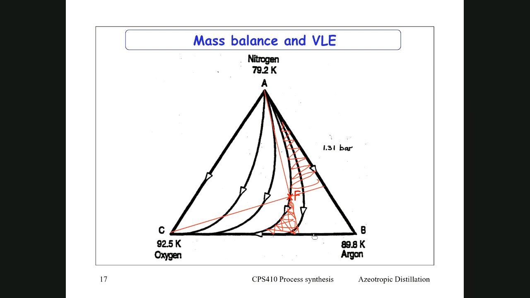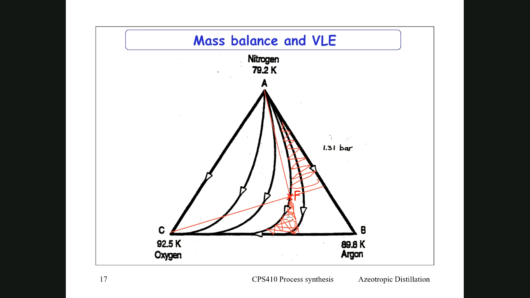So this is the way it will always be: you take a straight line from the most volatile component, and if that most volatile component happens to be an azeotrope, you take it from that azeotrope through the feed, and you only start drawing your line on the other side of the feed. And that represents the edge of this area where you can have possible bottoms compositions.